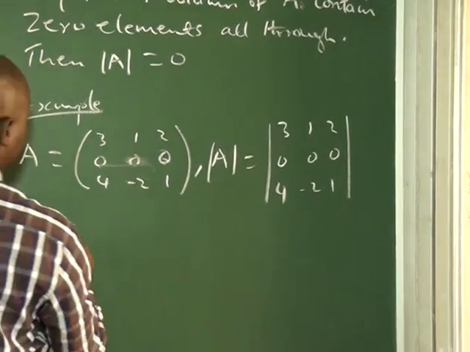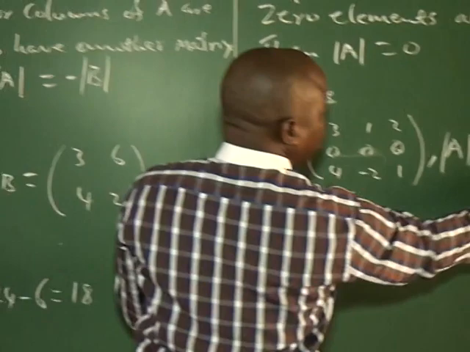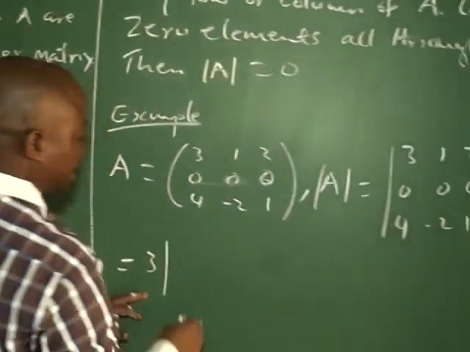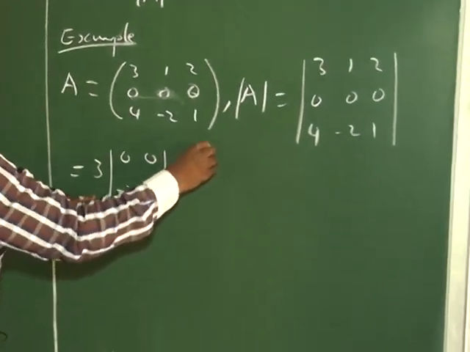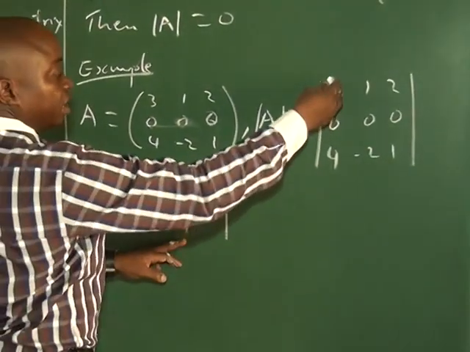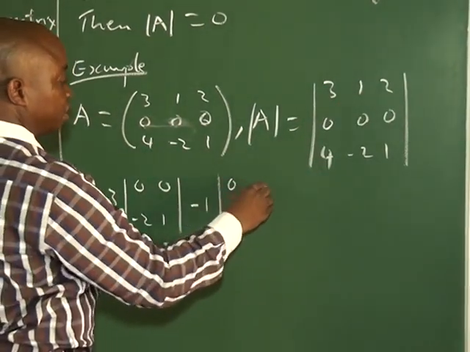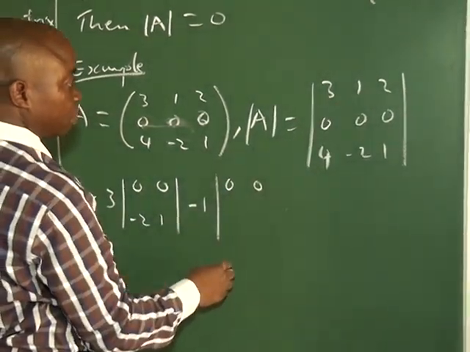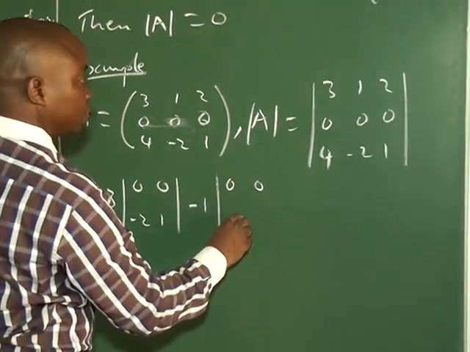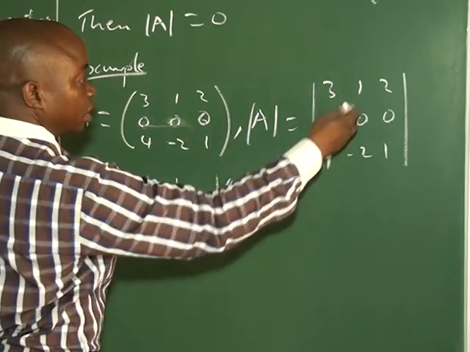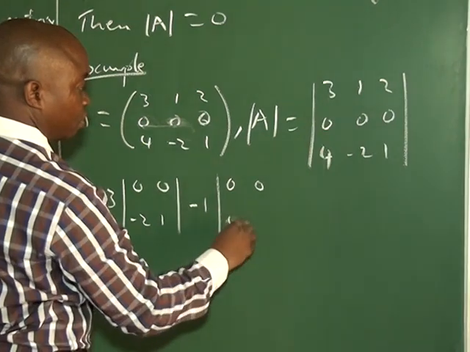If I pick this 3, I ignore its row and column, so we have 0, 0, minus 2, 1. Then minus 1, ignoring this column and row, I have 0, 0, 4, 1.